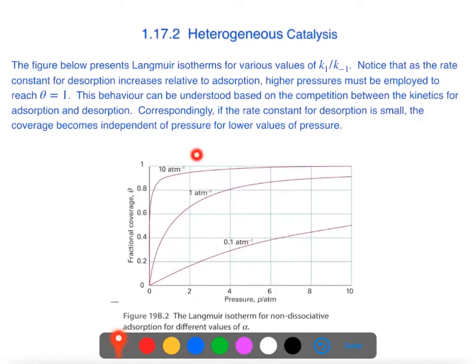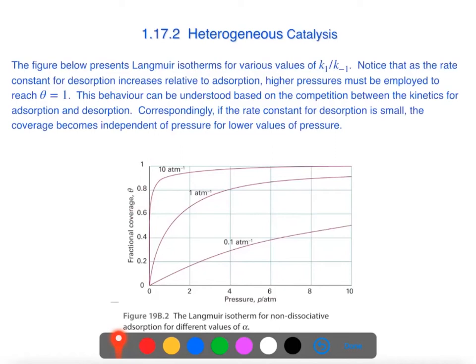So as the equilibrium constant gets smaller in value, we need to increase the pressure further to reach a fractional coverage approaching 1. This behavior can be understood based on the competition between the kinetics for adsorption and desorption.